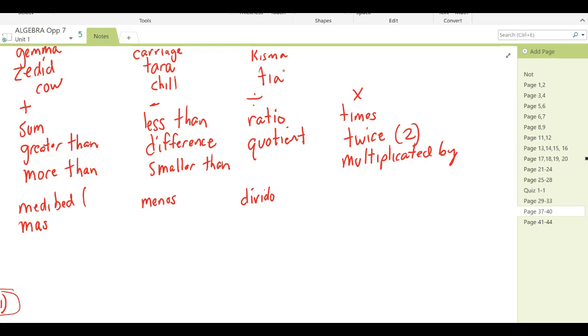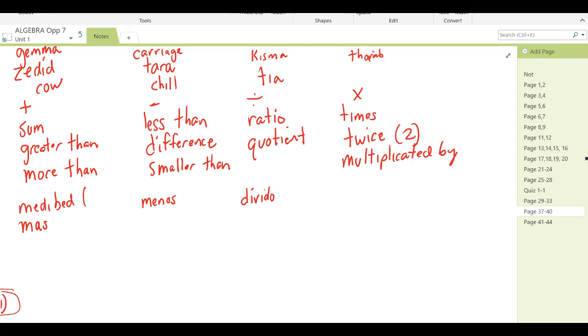Wafa, how do I say multiply? Say that again. Darab. X. Okay. Next one, Hussein. Okay. Abdullah. How do I say it in Urdu?